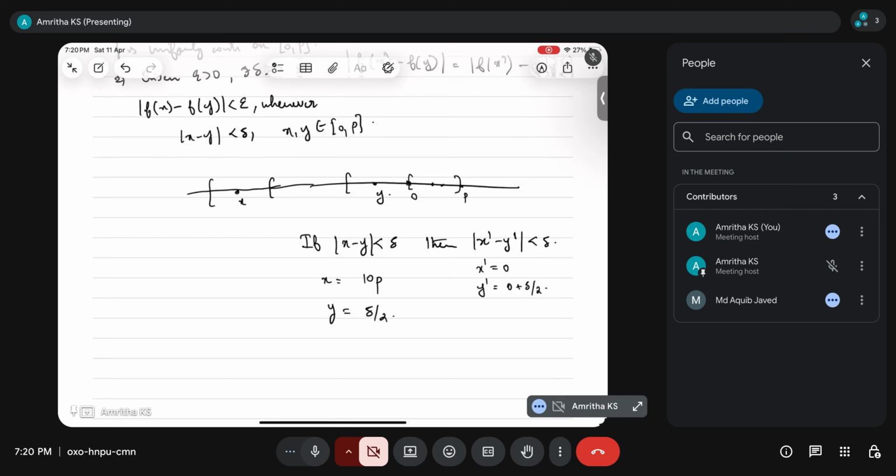Still, you will get this, but |x minus y| is not less than delta.